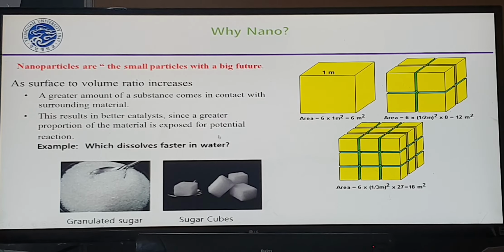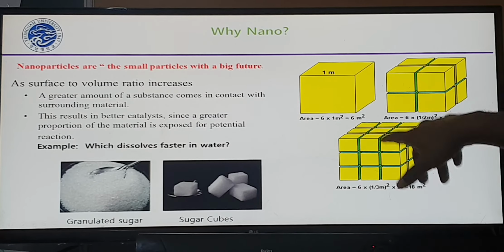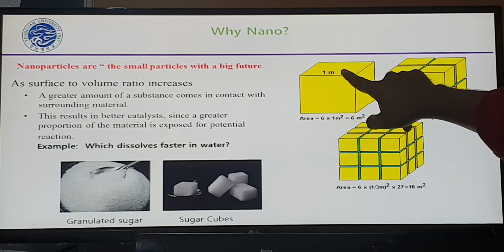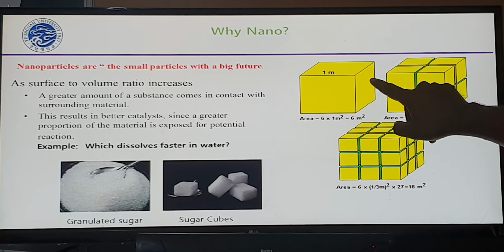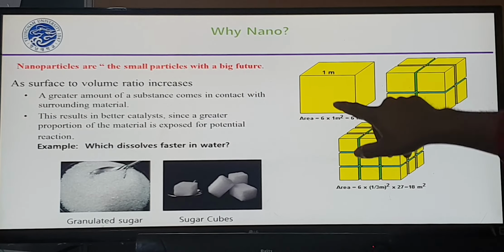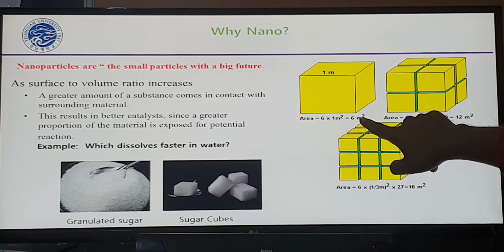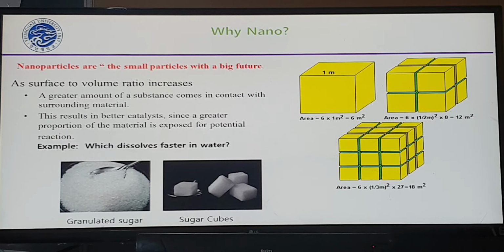For example, these are sugar and these are sugar cubes. Before discussing this, if you see here, this is a cube with each side 1 meter: length, width, height, 1 meter, 1 meter, 1 meter. If you calculate the area, this is 6 meter square.